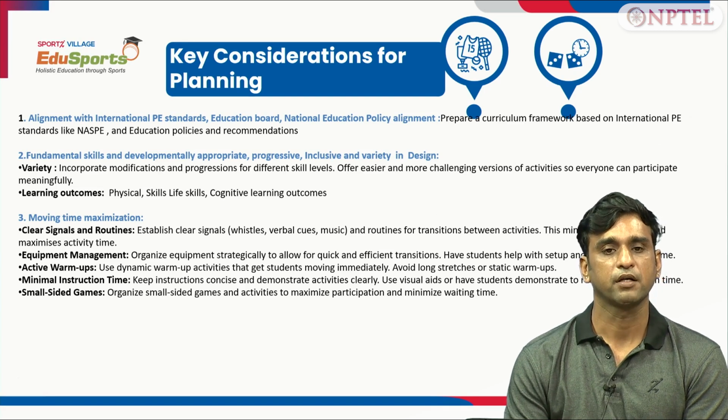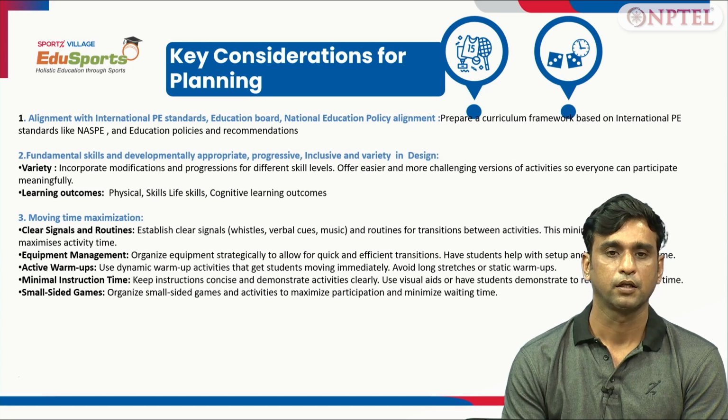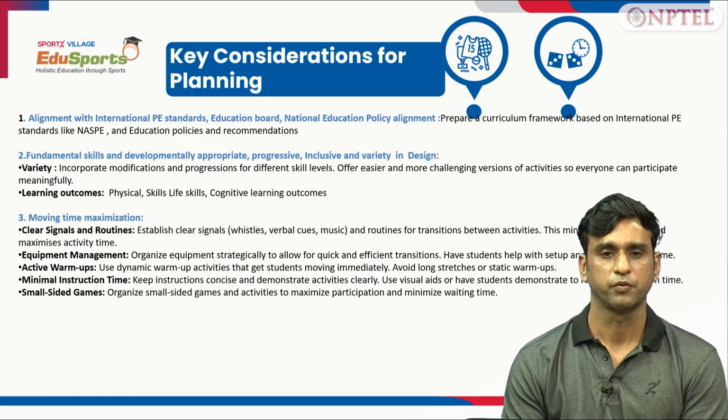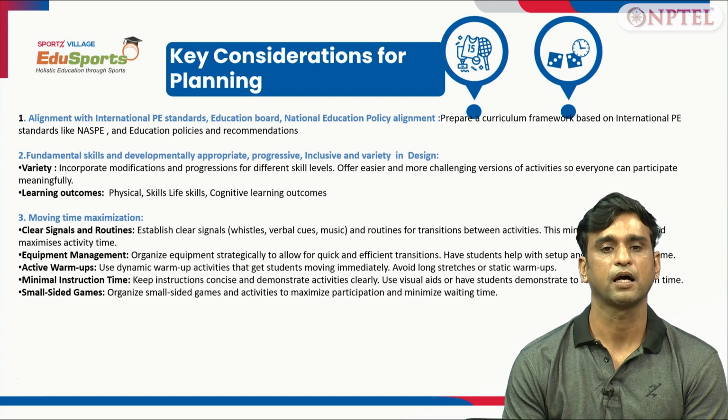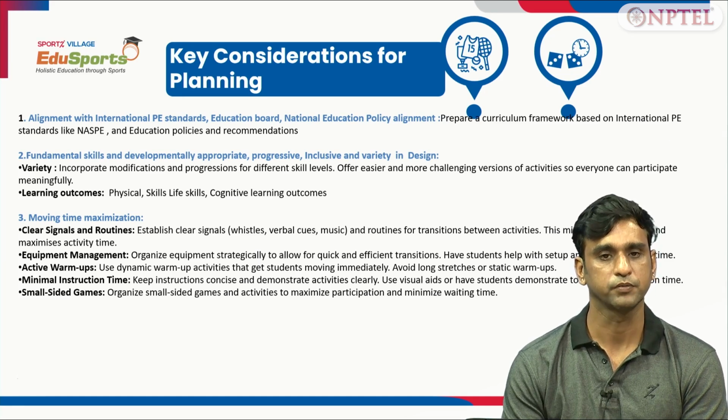So you need to find a very balanced approach in your lesson plans: how many lessons will have physical learning outcomes, which is mostly all your lessons, how many will have sports skills learning outcomes, which is most of your lesson plans. But then a choice has to be made between life skills and cognitive learning outcomes.